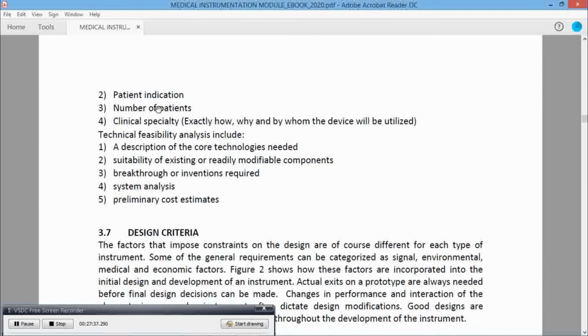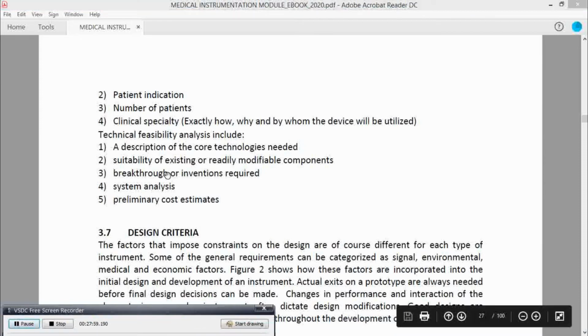So these are the points that you should include. Patient indication, number of patients, clinical specialties, exactly how, why, and by whom the device will be utilized.